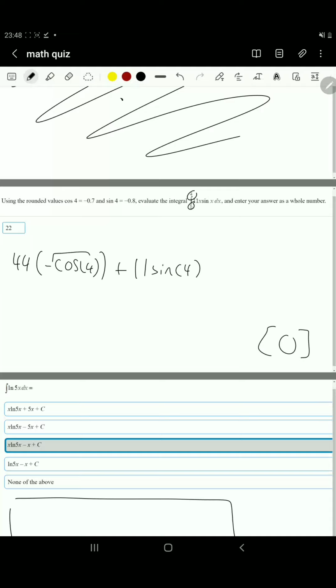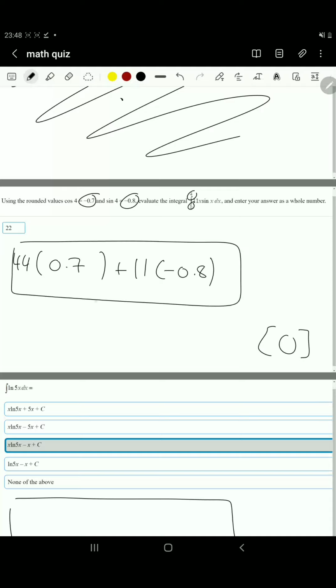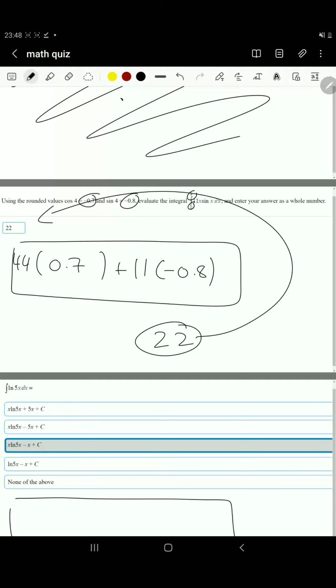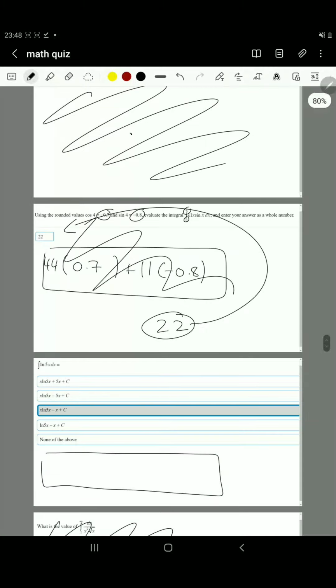Then cosine of 4. Cosine of 4 is given to be minus 0.7. So minus 0.7. Minus minus becomes plus, so that's 0.7. Sine of 4 is minus 0.8. So that's your answer, and that is 22. So your upper limit is 22. And I have 22 minus 0, which is just 22. Cool. That question is done.